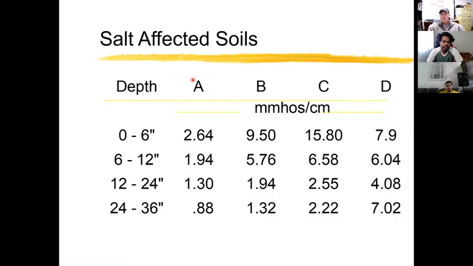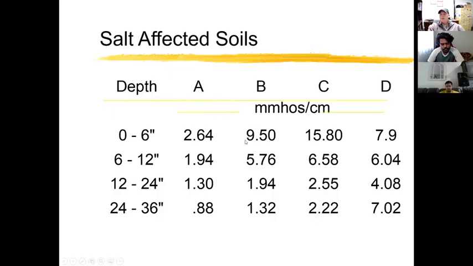So this in its totality, what would you say? Is that normal, saline? What do you think? Remember, our cutoff is 4, right? Yeah. So everything's below 4. So this soil right here, in terms of salinity, we're going to say it's normal.